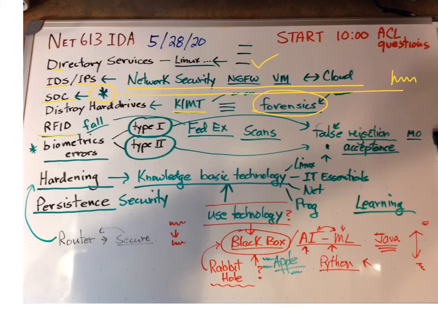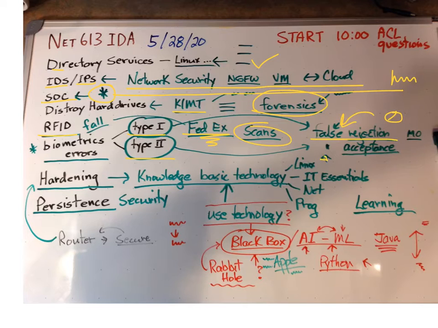On RFID, we did a little quiz on which type was which. It was good. Gage talked about how they use it at FedEx, scanning information. A type 1 error is a false rejection: we're going to reject somebody, but we shouldn't have, so they're a legitimate authentication.